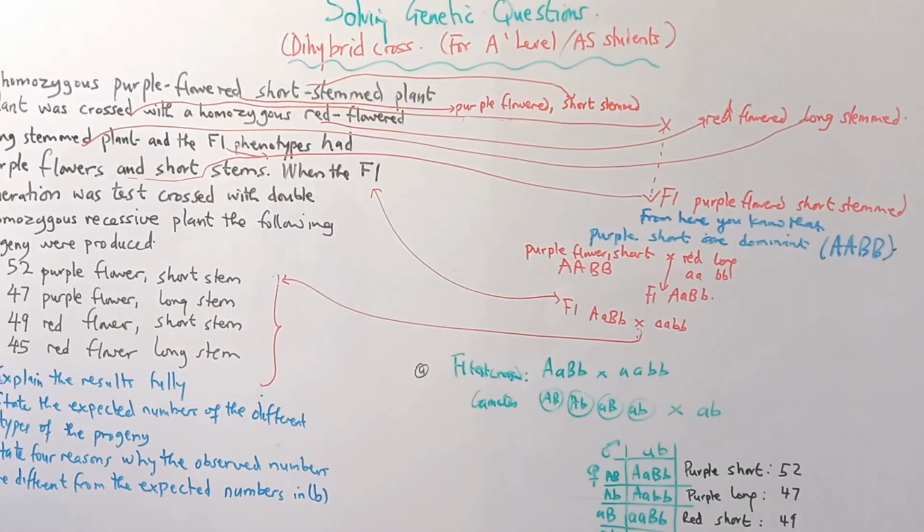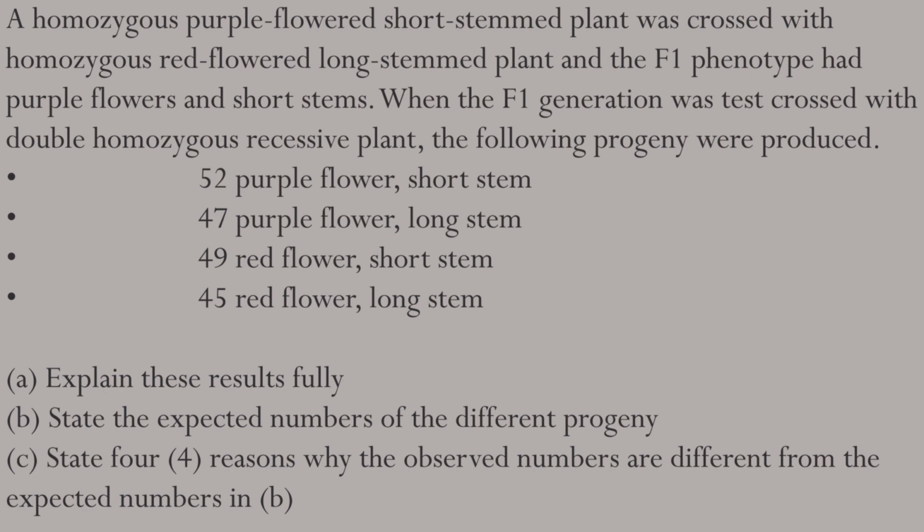Welcome. The question is: a homozygous purple-flowered short-stemmed plant was crossed with a homozygous red-flowered long-stemmed plant, and the F1 phenotypes had purple flowers and short stems. When the F1 generation was test crossed with double homozygous recessive plants, the following progeny were produced: 52 purple flower short stem, 47 purple flower long stem, 49 red flower short stem, 45 red flower long stem.